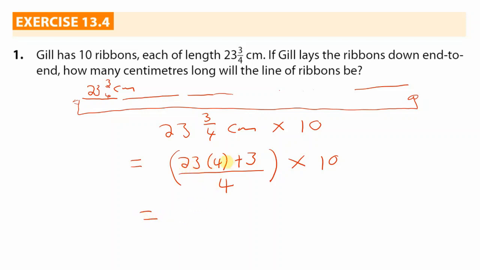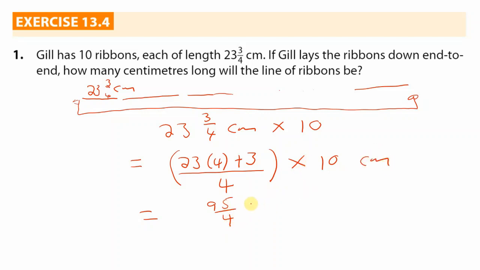So 23 times 4, well, 20 times 4 is 80, 3 times 4 is 12, 80 plus 12 is 92, plus we have to add another 3, so it's 95 over 4.